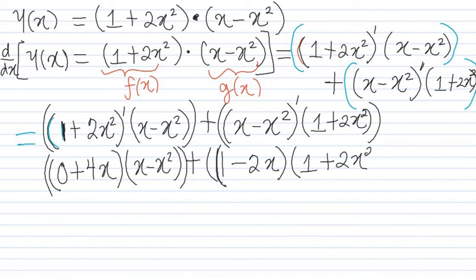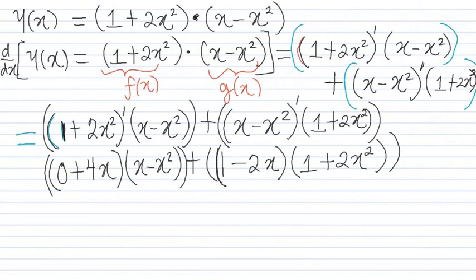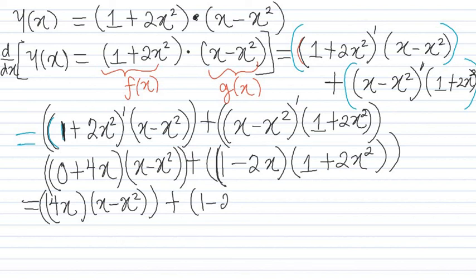That's a nice catch because we don't want the answers of the previous page and this new page to be different. So here is just basically 4x multiplied by x minus x squared plus 1 minus 2x times 1 plus 2x squared.